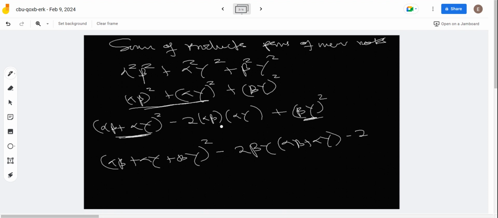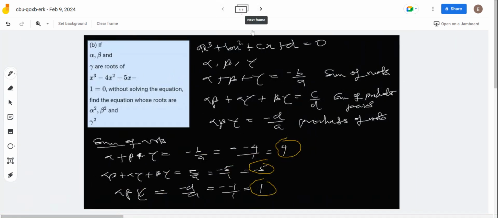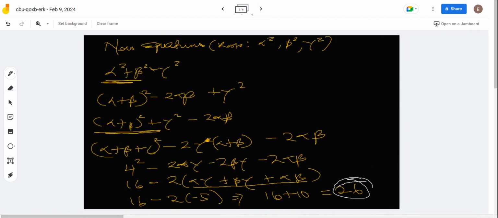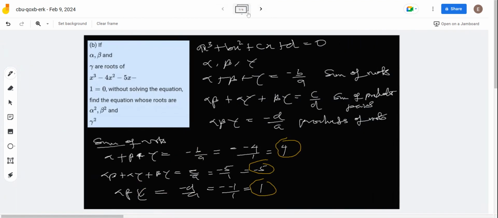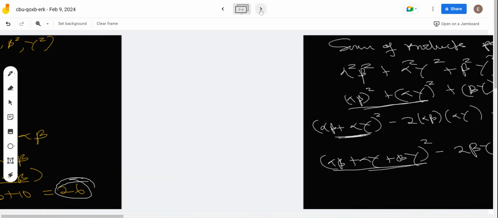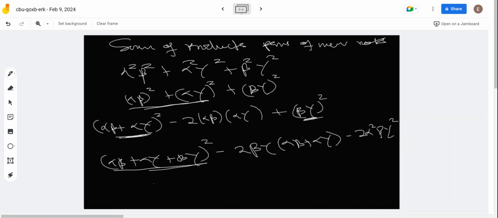Let me just multiply them. This will give me 2 alpha squared beta gamma. We know the value for this expression, so let's throw that into it. That's the sum of the product pairs, and it's negative 5, so negative 5 squared. Then we open the bracket here.